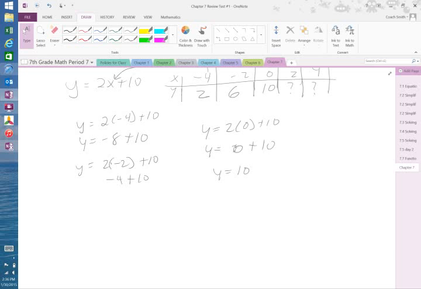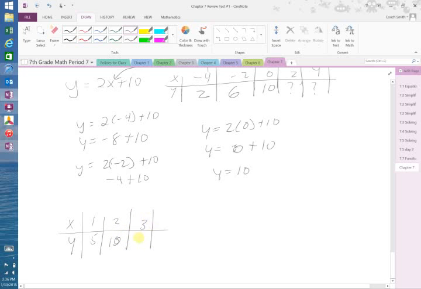27. Okay? What's the function rule for that input-output table? Gabby?